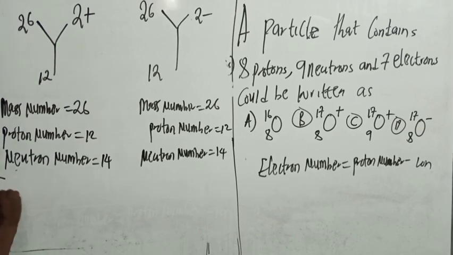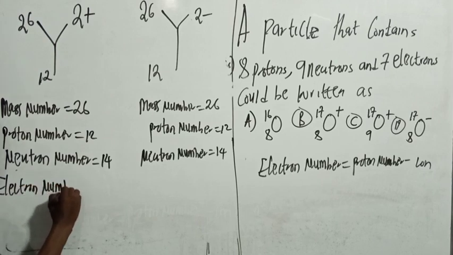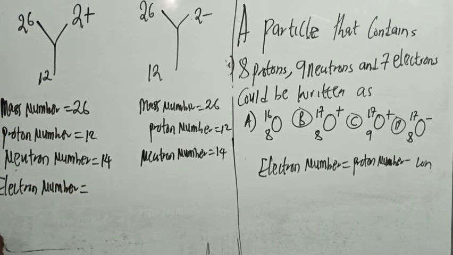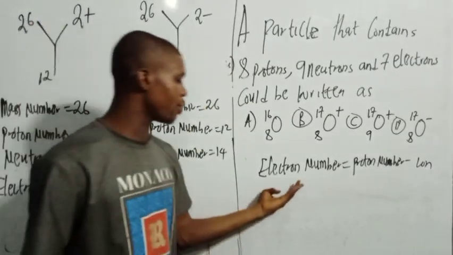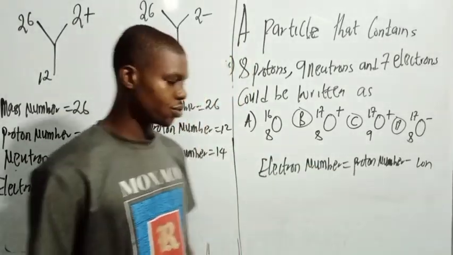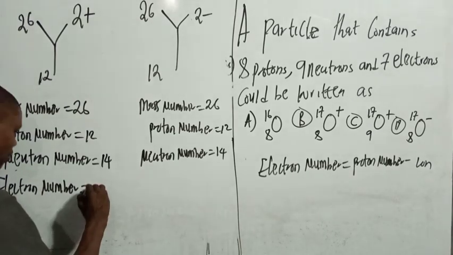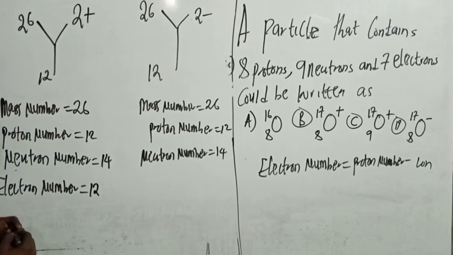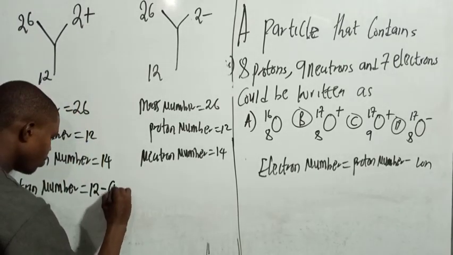So what would I mean by electron number? We are now going to use this formula. Remember, electron number is always equal to proton number minus ion, right? So my proton number here is 12, minus my ion here which is plus 2.